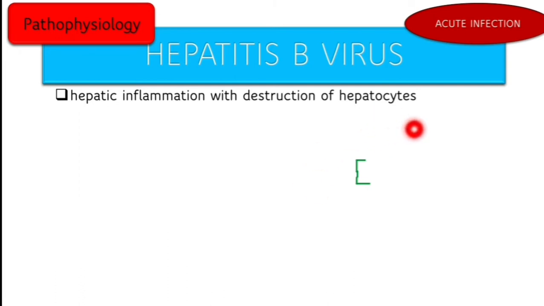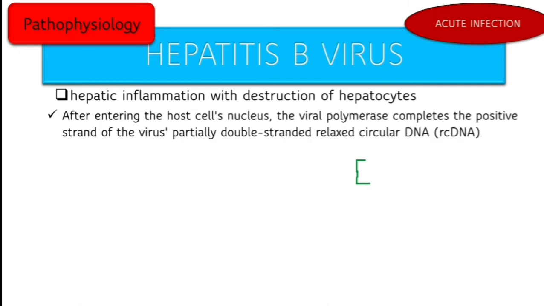Here I'm going to go through the replication cycle, how HBV causes hepatic inflammation and destruction of the hepatocytes. After entering the host cell's nucleus, the viral polymerase completes the positive strand of the virus's partially double-stranded DNA, right? So this one is called relaxed circular DNA.